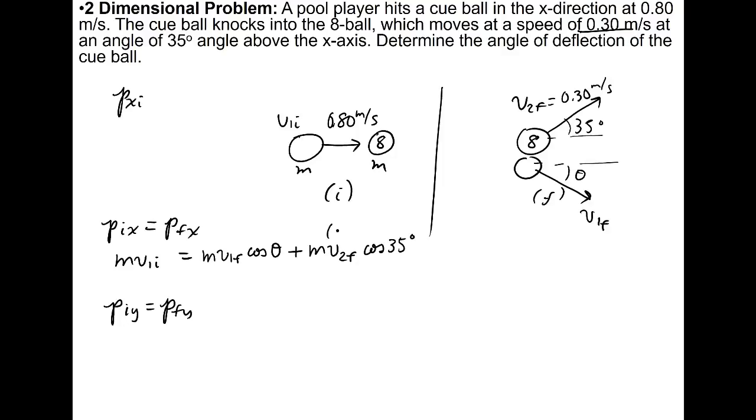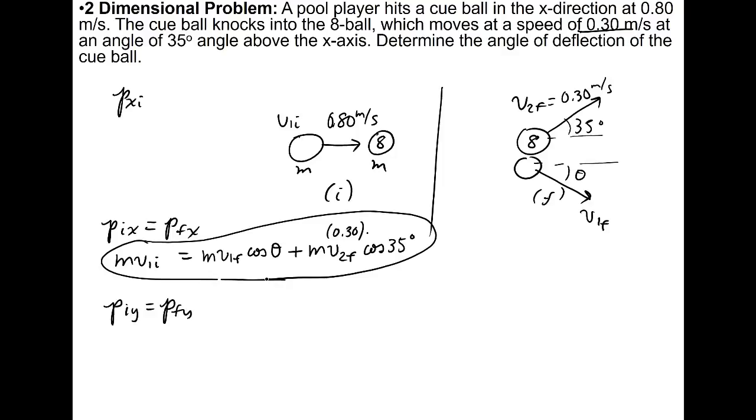We also know V2 final is 0.30. So that's going to be one equation. The m's are going to cancel out, which is good. Also note that V1 initial is 0.80, so we really only have 2 unknowns in this equation, V1 final and cosine theta.